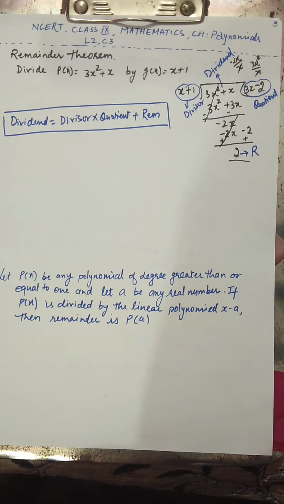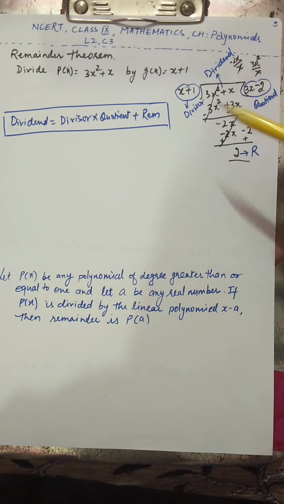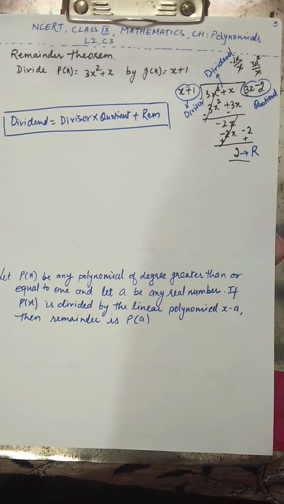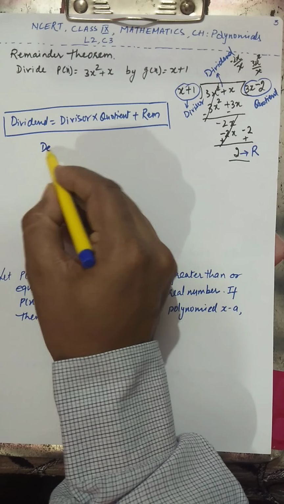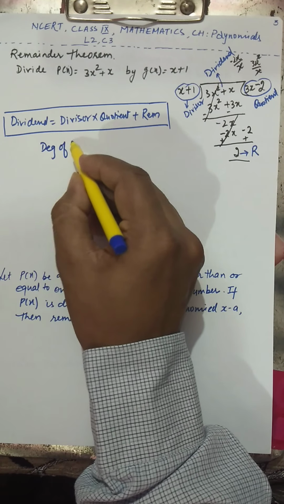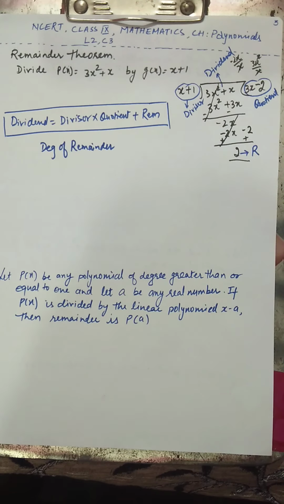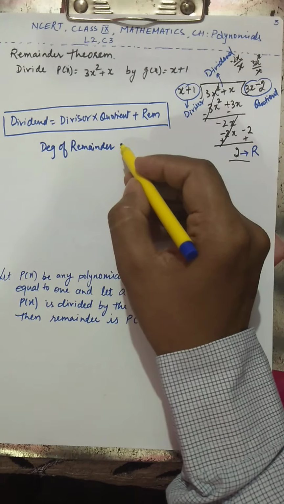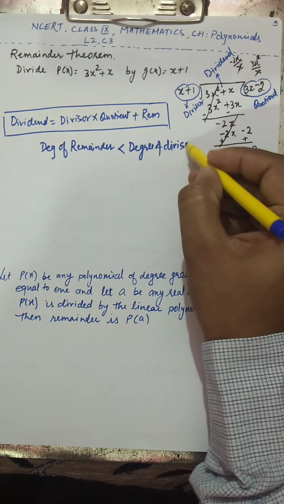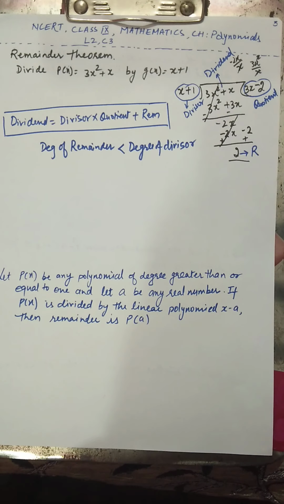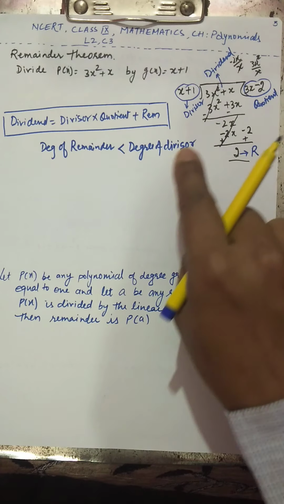But here there is something important: the degree of the remainder cannot be greater than the degree of the divisor, and it cannot even be equal. So one important observation is that the degree of the remainder is always less than the degree of the divisor. That is a very important result that you have seen now.